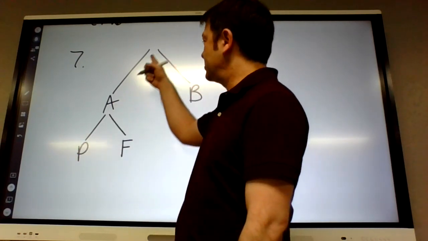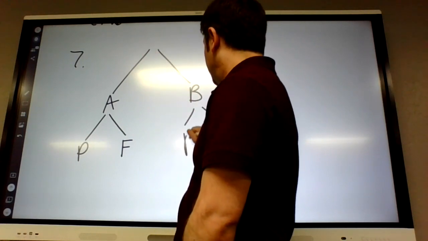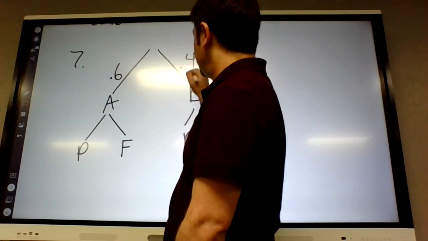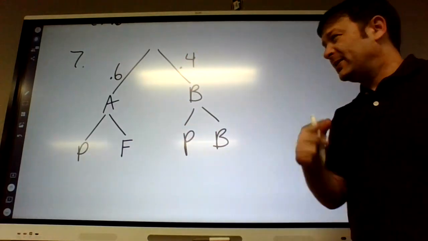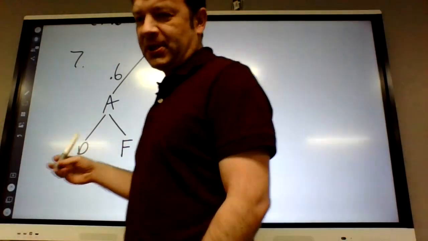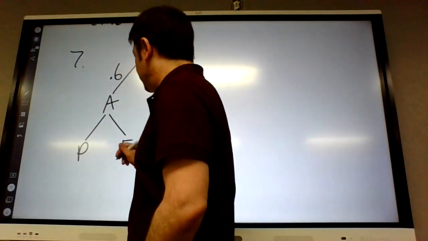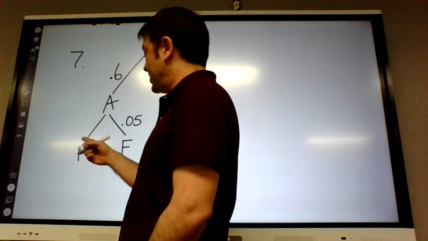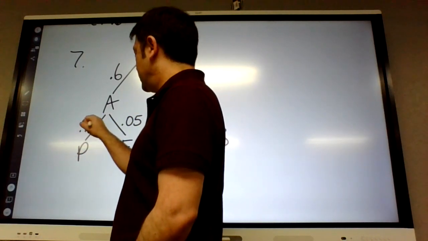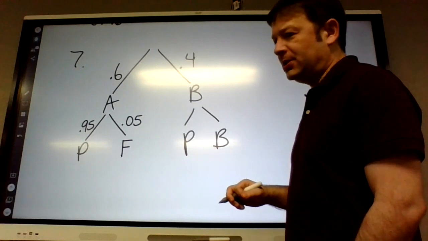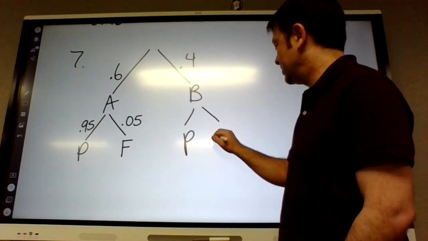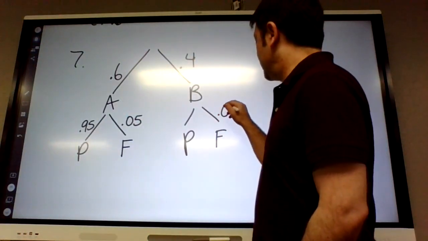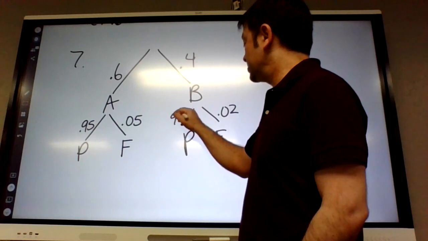Okay, so what's the probability that it came from machine A? 60%, so 0.6, that means 0.4 to machine B. What's the probability of fail on machine A? 0.05. 5%, 0.05, so what's the probability that it passes? 0.95. And B, didn't it say 2% fail? Did it say 2%? Yeah. Okay, so 2% fail rate and 98% pass.